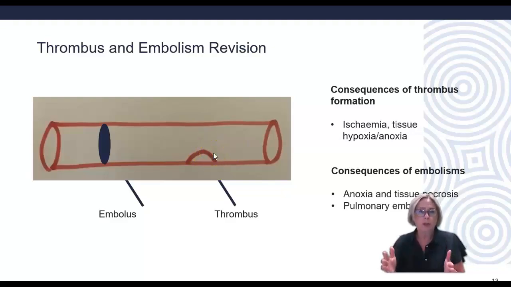Sometimes the plaque can crack, and that exposes what we call a thrombogenic surface, where you get platelet activation, platelet plug formation, and the formation of this clot or this thrombus.